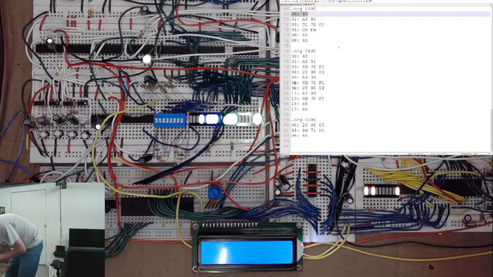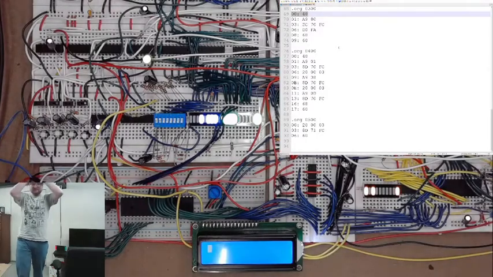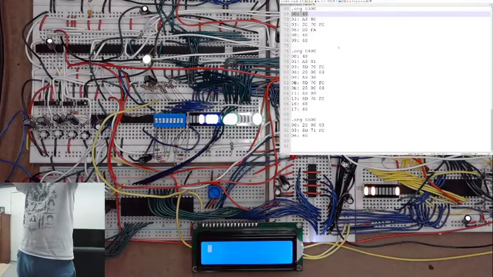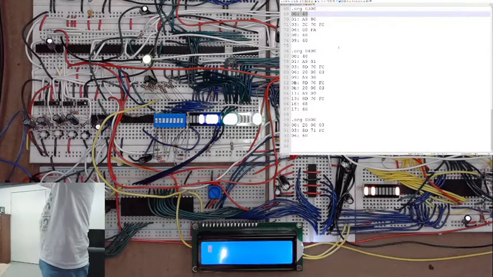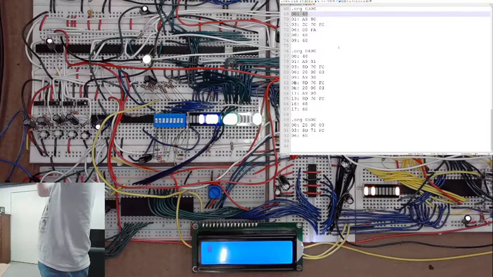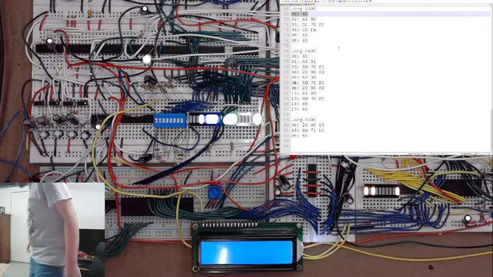Even though, oh, of course it is. Oh my word. I'm using a 65-816. So the big brother, the big 16-bit brother of the 6502.